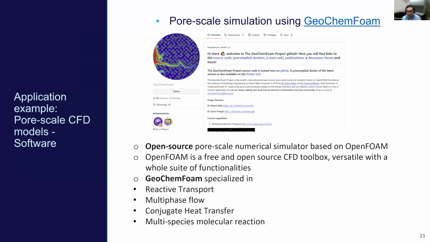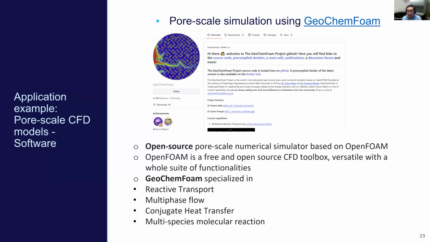It has all the capabilities that we need for this kind of application, like meshing tool, solving tool, and other things. GeoChemFoam also specializes in reactive transport and multi-phase flow, even heat transfer and some molecular level reactions. So that's exactly what we needed.